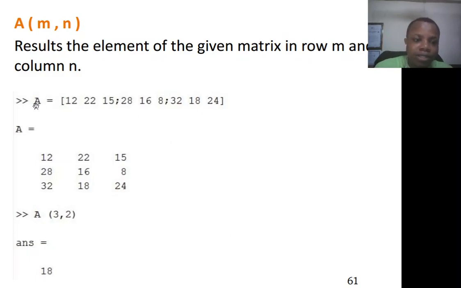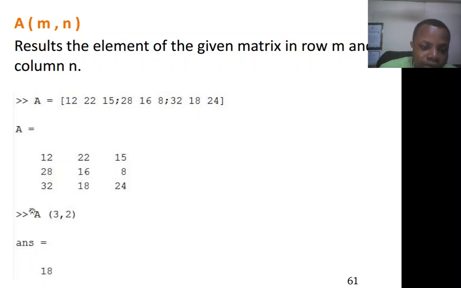So suppose that we have this matrix with these various entries, from 12 up to 24, and that is exactly as we have in here. Now if you'd like to extract the element on the third row and the second column, in this case we are looking at this 18.